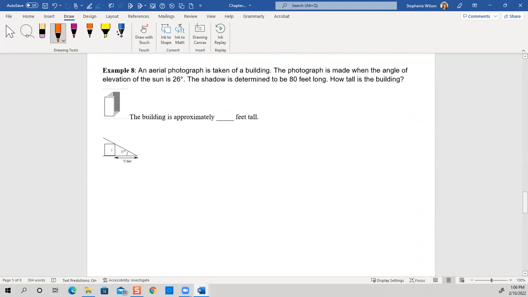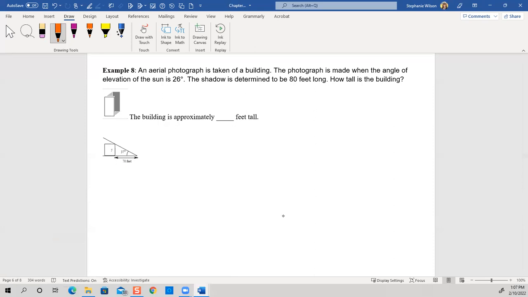All right, moving on. Let's do this next one. It says this photograph is taken of a building. The photograph is made when the angle of elevation of the sun is 26 degrees. The shadow is determined to be 80 feet long. How tall is the building?